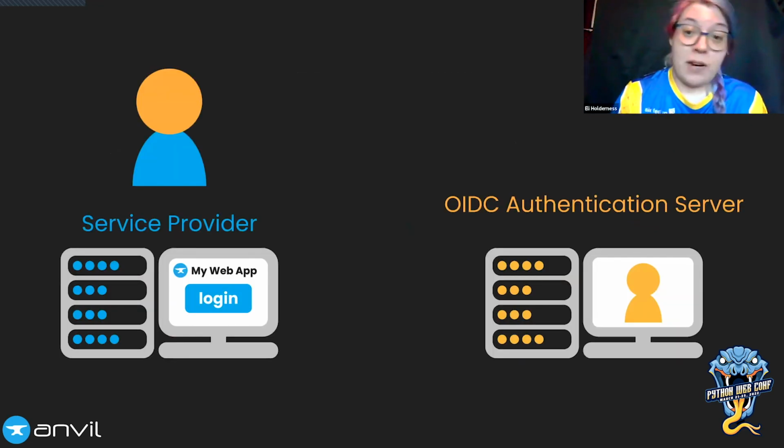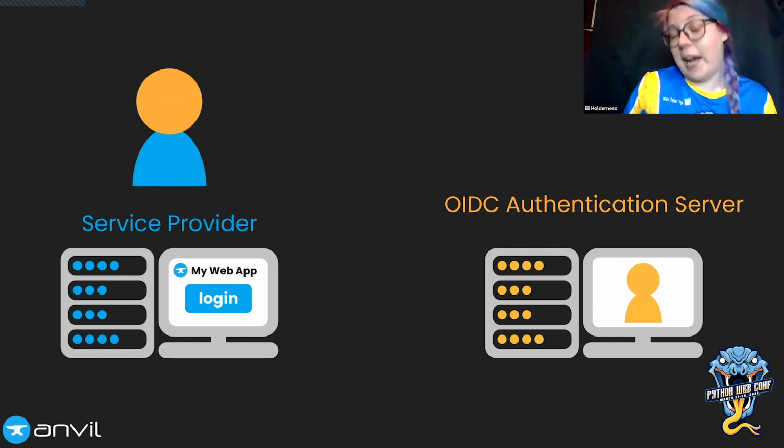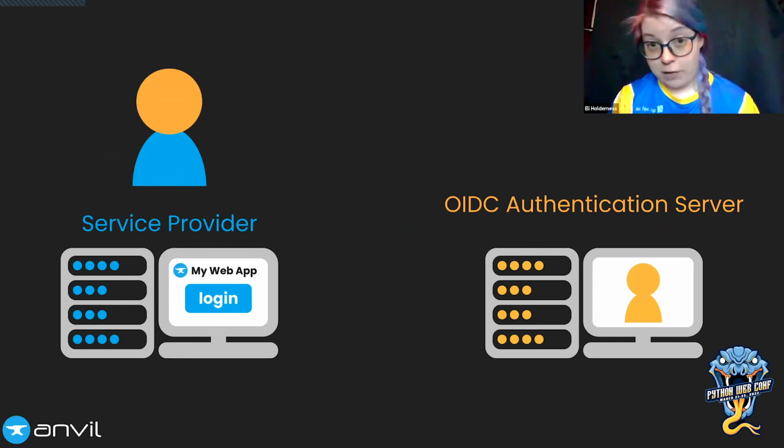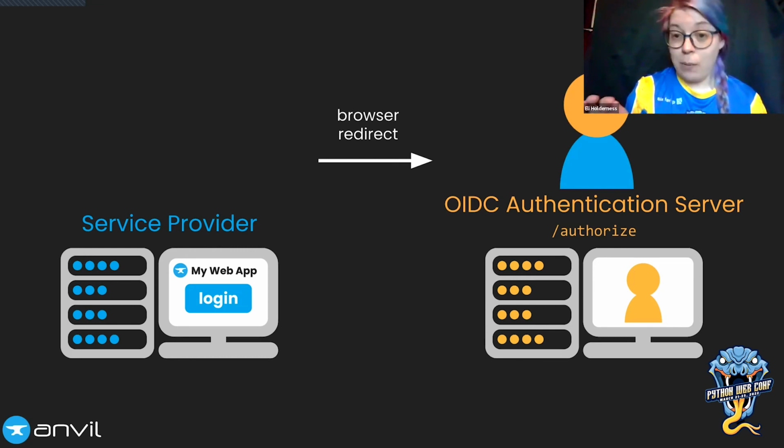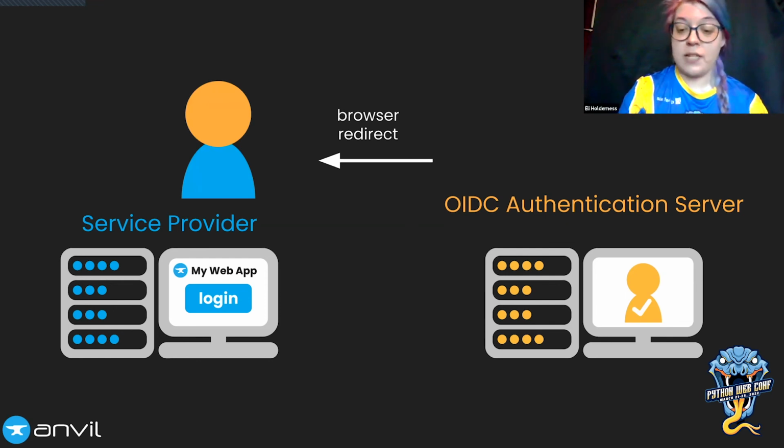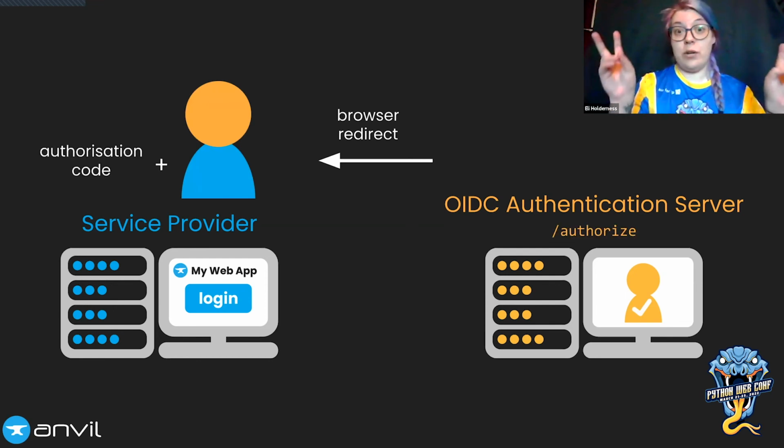You have your service provider and an OIDC authentication server, which is what the identity provider is called in OIDC world. And your user would like to log in. They are redirected to a specific endpoint in the authentication server called the authorize endpoint. And at this point, they authorize, they're logged in, and they are sent back or along to their service provider, along with an authorization code.